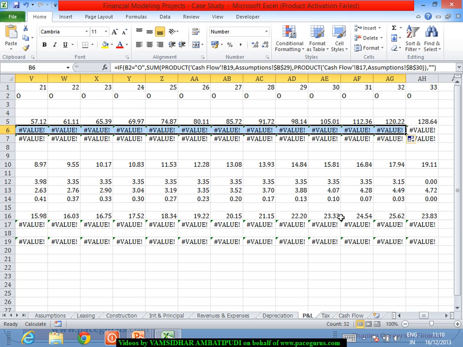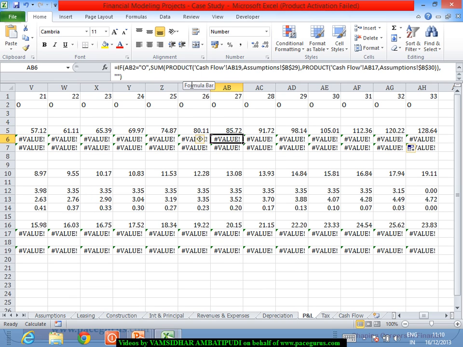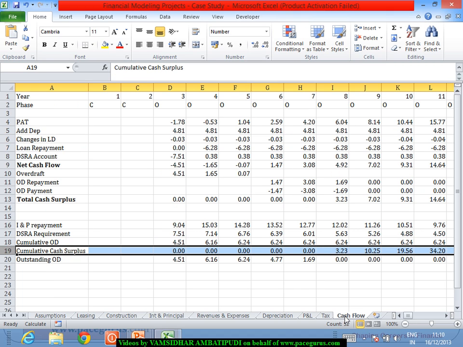So here I just want to check if that is equal to O, cash flow AB19 into assumption B29, cash flow AB19.